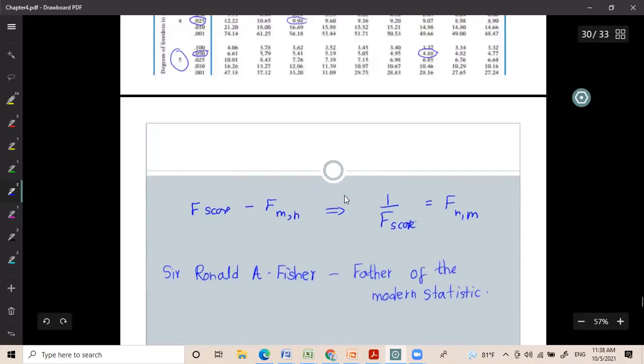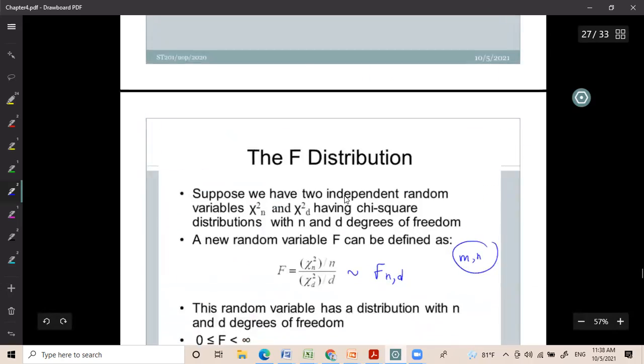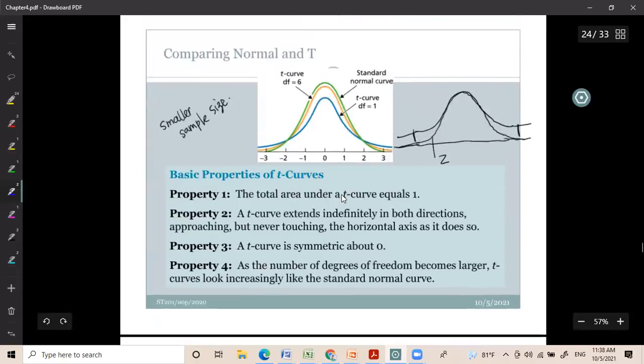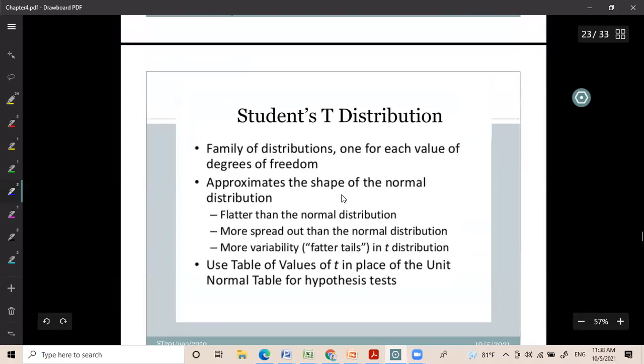Okay, and the T distribution is called the student T distribution. Why is it called the student T distribution? I don't know whether I shared this story with you in a previous course. I guess not. Anybody who knows why?